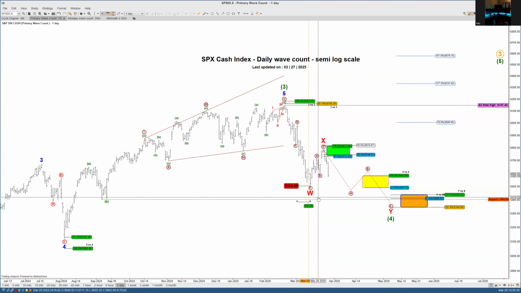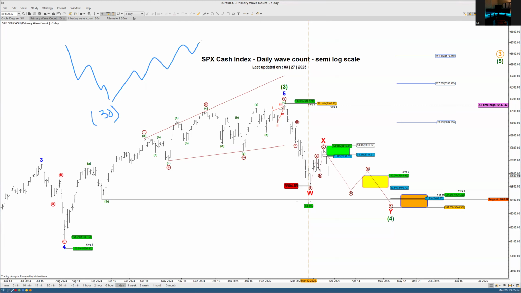Because if your initial decline takes, I can show you on different time frames, whatever the decline is, say 30 days, when you have a recovery back to the new highs, it will be more than 30 days.